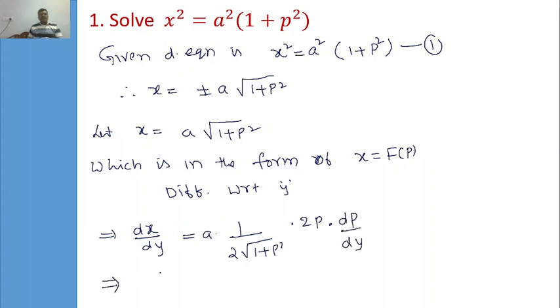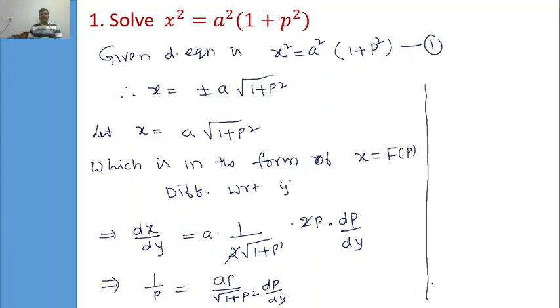Now, we know that dy by dx equal to p, so dx by dy is 1 by p. So 1 by p equals, here the 2 cancels, a p by square root of 1 plus p square times dp by dy. Cross multiplication, dy equal to a p into p, a p square by square root of 1 plus p square into dp.